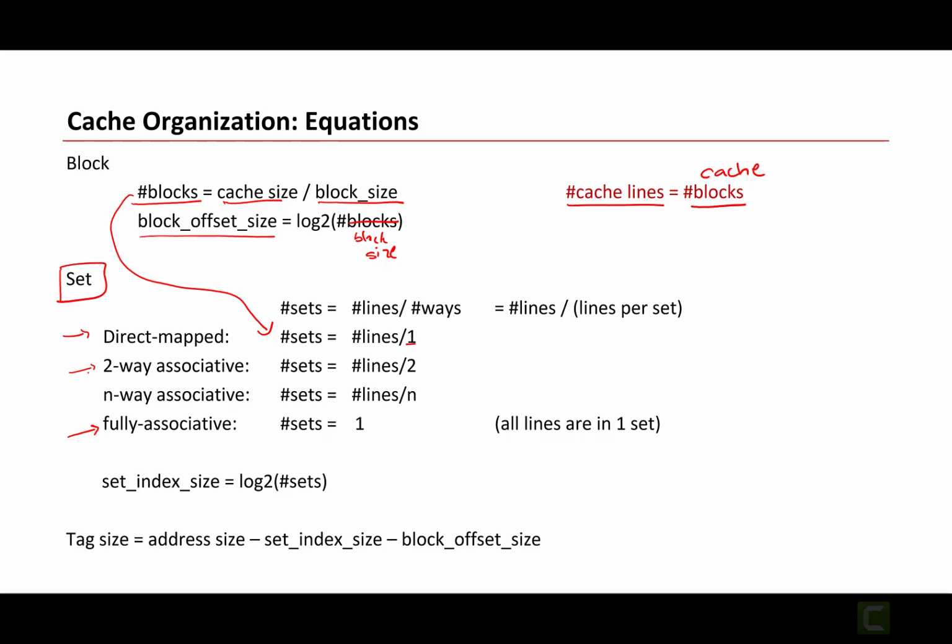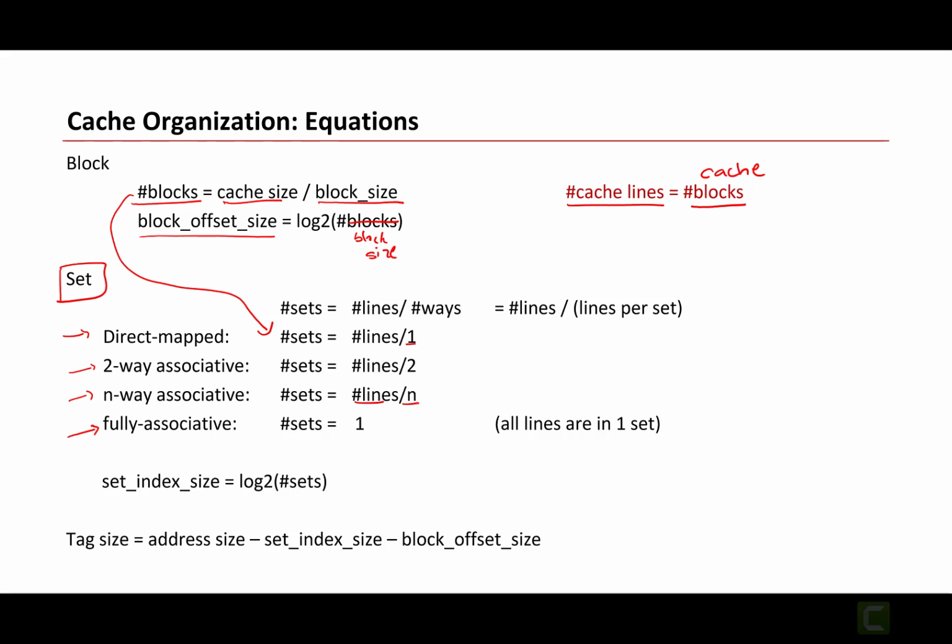So I have to take all the lines I have and divide them by 2 to compute the number of sets. The number of sets will be half as many as the number of lines. I can generalize this: if I have an n-way associative cache, then I would divide the given lines by the number of ways to compute how many sets I get.